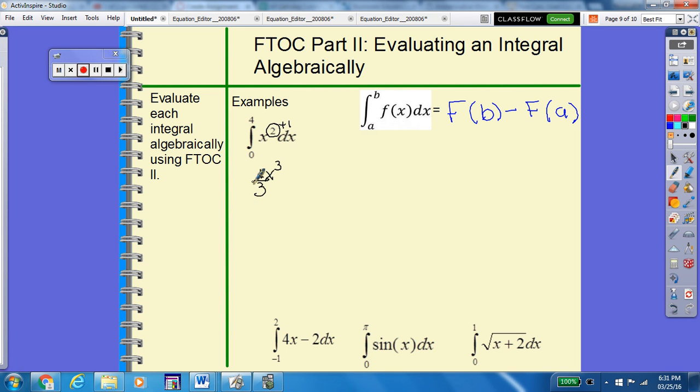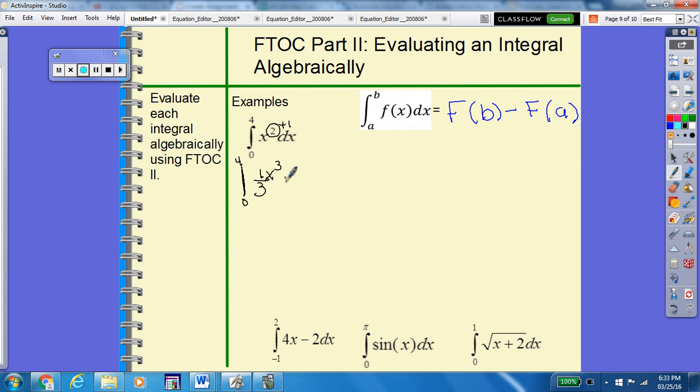Because we're about to take the integral, what I do is put a long vertical line next to the antiderivative. It's really just a placeholder to remind me that my boundaries are 0 to 4. So I took my antiderivative and I'm going to be using 0 to 4.